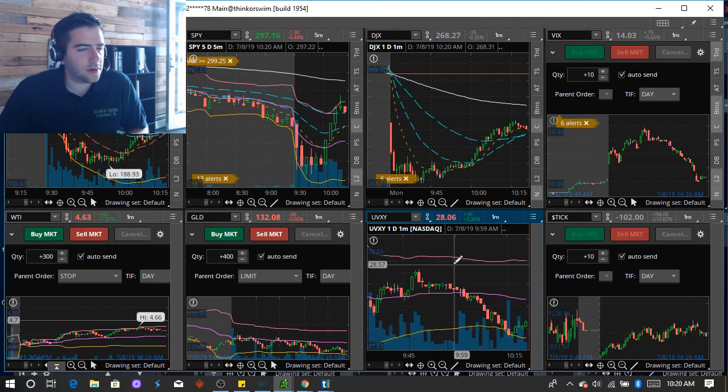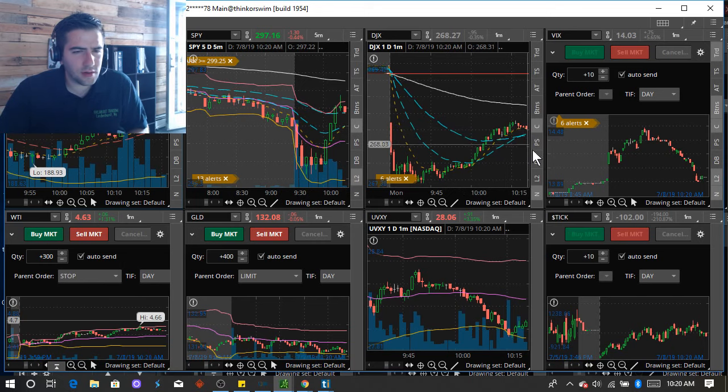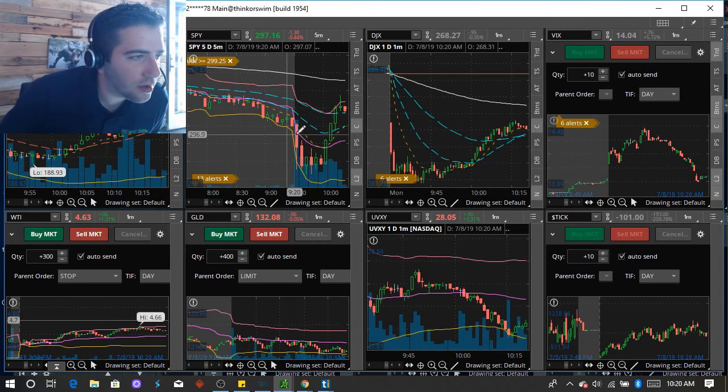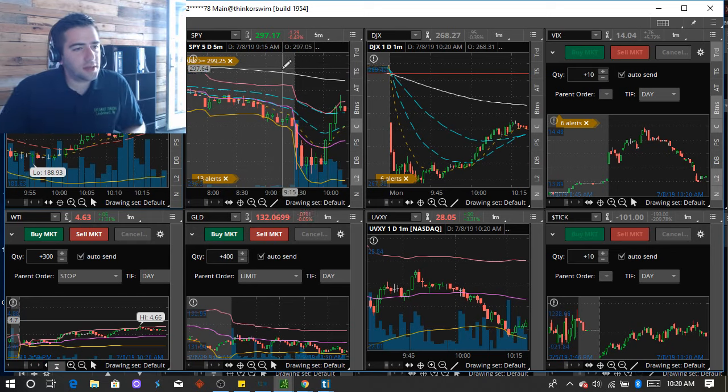VXY is bouncing up now. Markets are bouncing down. Yeah, I'm seeing somewhat of a reversal here. I don't know if I should ride it or just sit in a little pullback. Only time will tell.